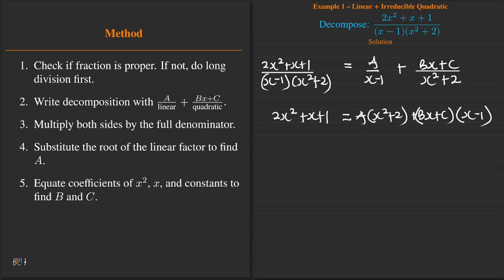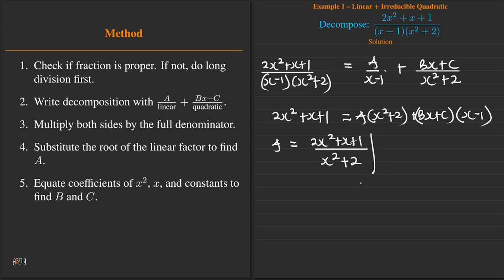In that case, we can quickly use our cover-up method over here. We took our time to look at the cover-up method in case 1. If this is actually the first lesson you are watching, then you can refer to that to enhance your understanding on the cover-up method. So our A is simply 2x squared plus x plus 1 over this denominator, but then excluding that which is under A. So that is what? x squared plus 2.